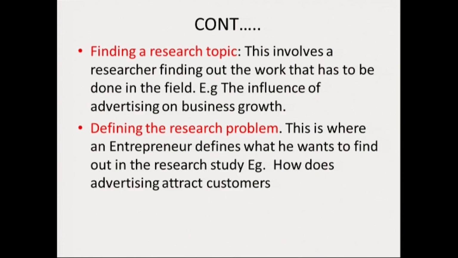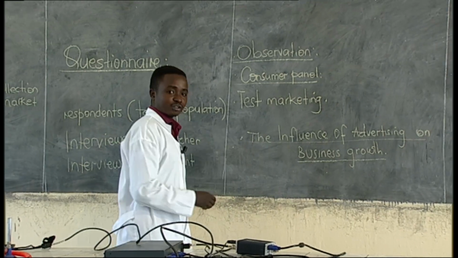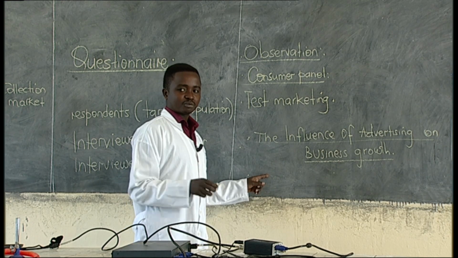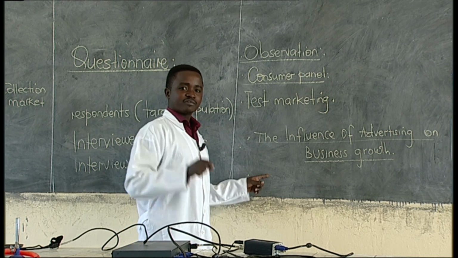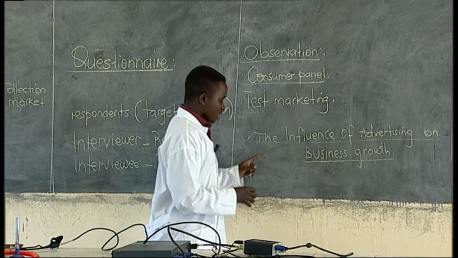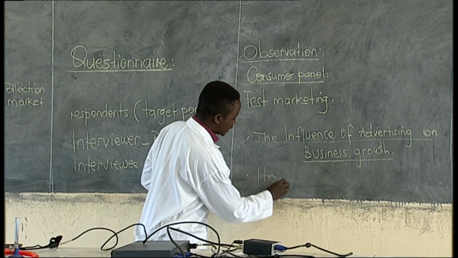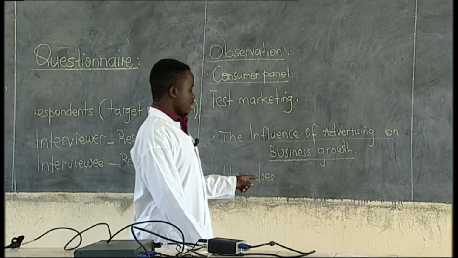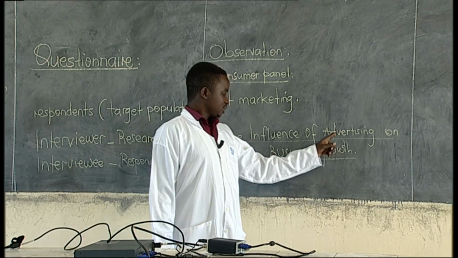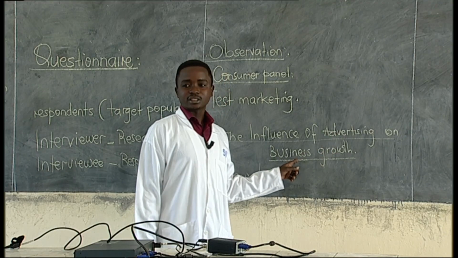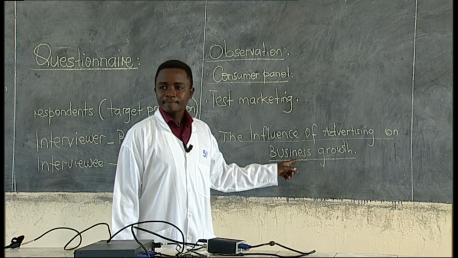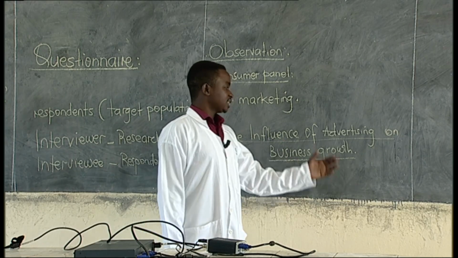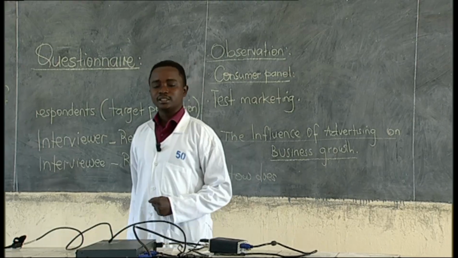Now, how do you set a question? This has been our topic. Now, step number 2, you define the research question, the research problem. This is what you call the statement of the problem in research. Now, how do you state it? For example, how does advertising affect or influence business growth? Or how does advertising attract customers?